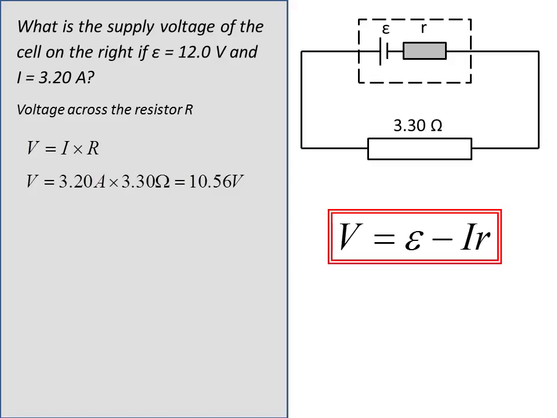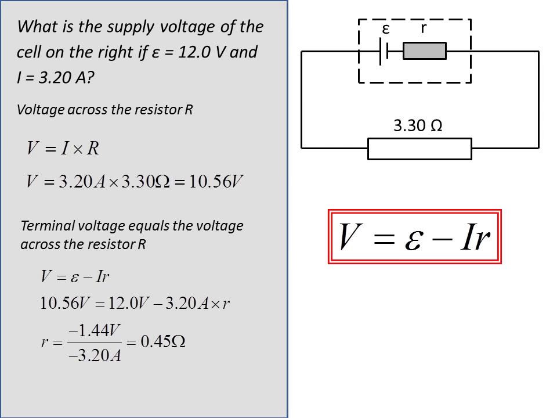Okay, so now I know the supply voltage, I know the EMF because they've given us that, I know I, so I know three variables, I chuck them into my equation and I solve for R. And then I get, okay, the internal resistance in this case is 0.45 volts.